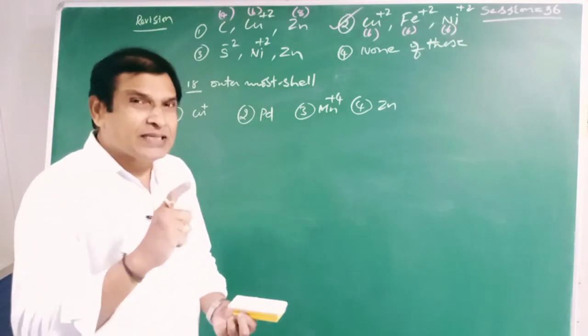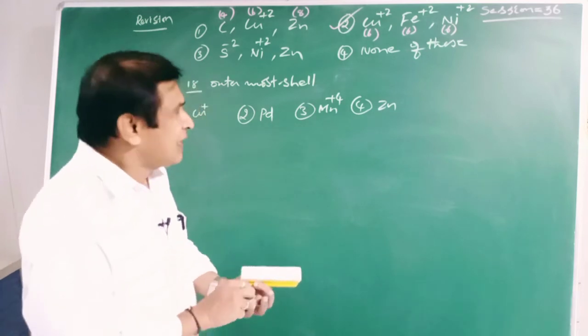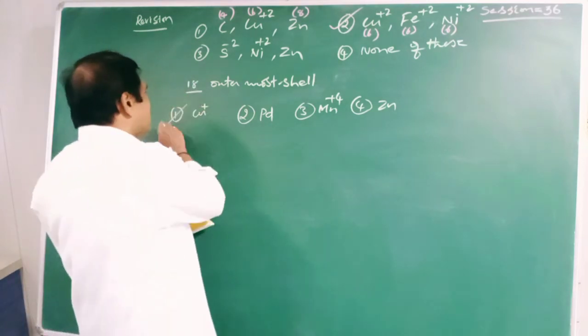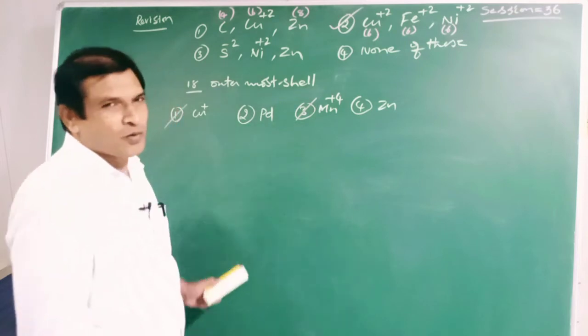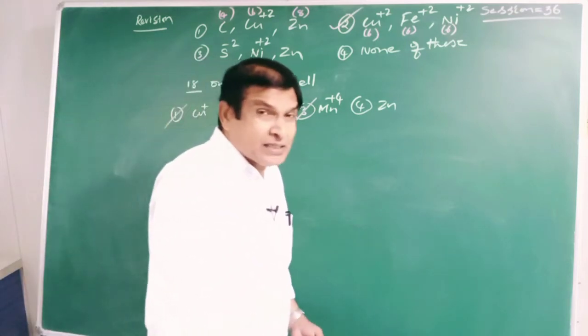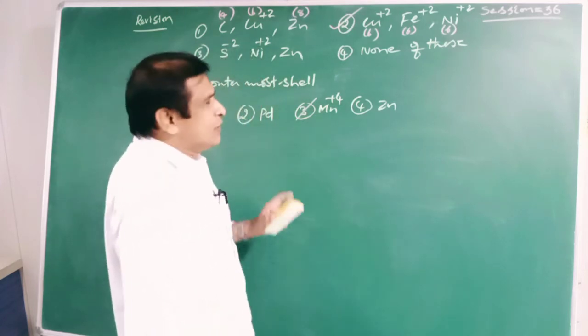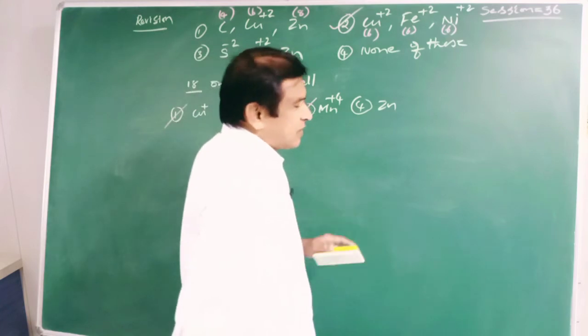They said the atom which contains 18 electrons, so automatically, logically, the 2 ions can be removed easily. Now you have to find whether it is this answer or this answer.